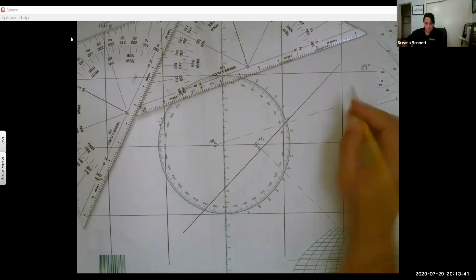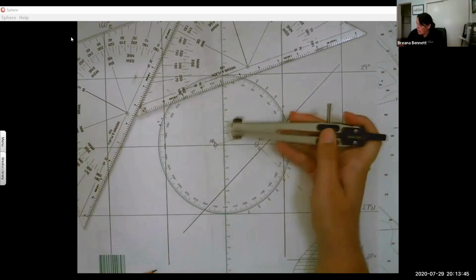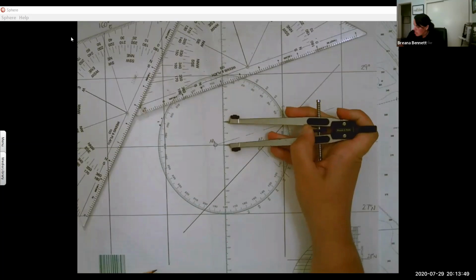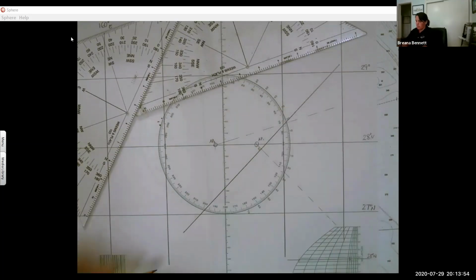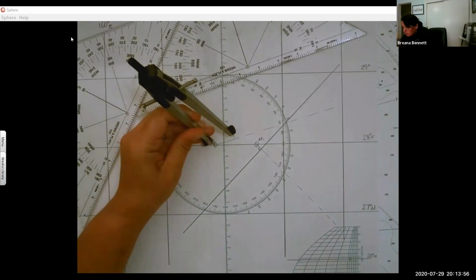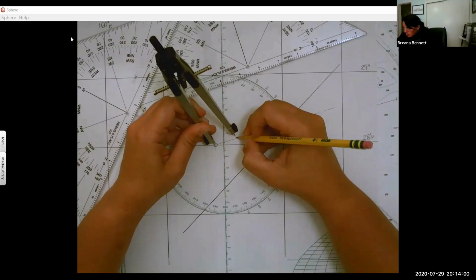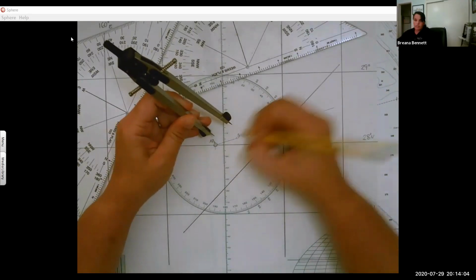And then I need to plot my intercept, which is 20 miles. So this is my A for intercept.